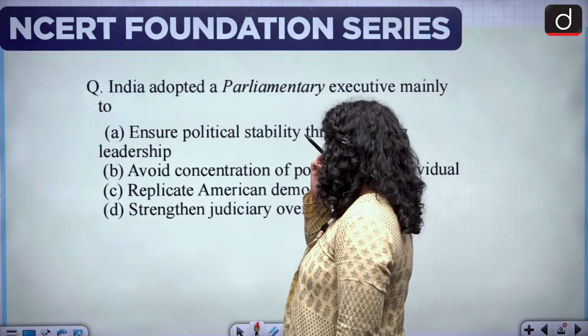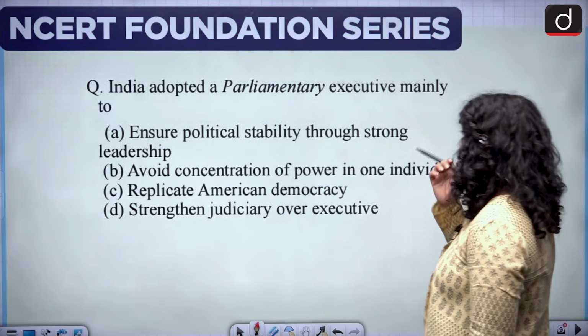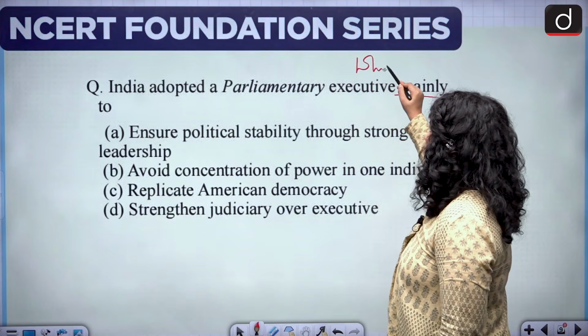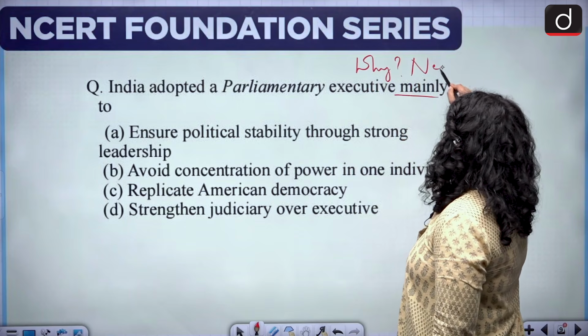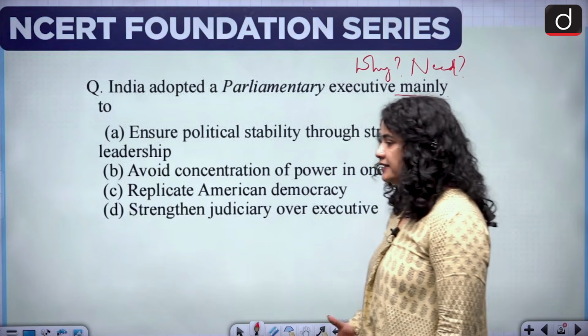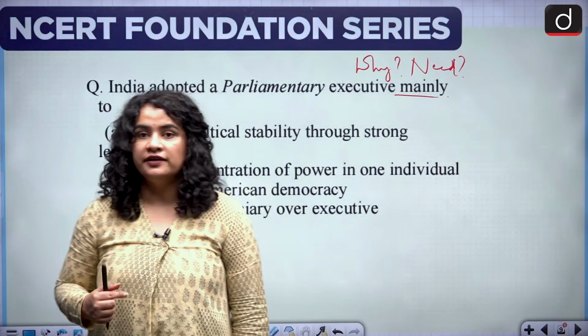The next question says India adopted a parliamentary executive mainly to. Why did India adopt a parliamentary executive? What was the need? What was the vision of our founding fathers?